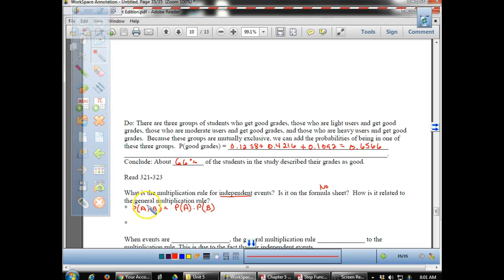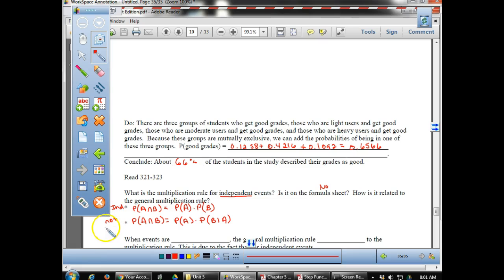How is it related to the general multiplication rule? So let me remind you of what that is. The probability of A and B equals the probability of A times the probability of B given A. And you can see they're very similar. This is for independent events, and this is for not independent events.